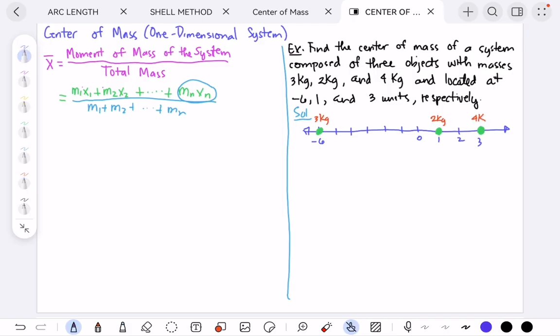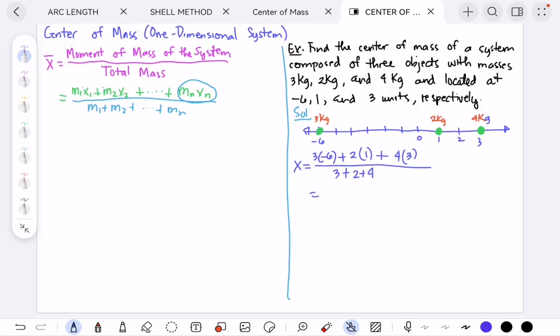So the center of mass is equal to the moment of the first particle, 3 times negative 6, plus the moment of the next particle, which is 2 kilograms times 1 unit, plus the third particle, 4 kilograms times its directed distance, which is 3, divided by the total mass, which is 3 plus 2 plus 4.